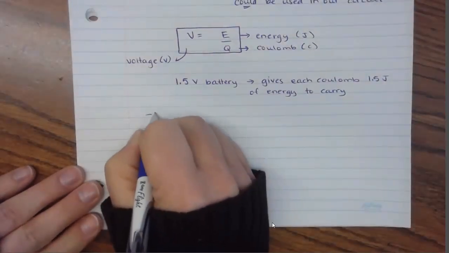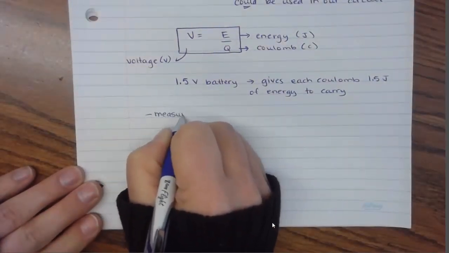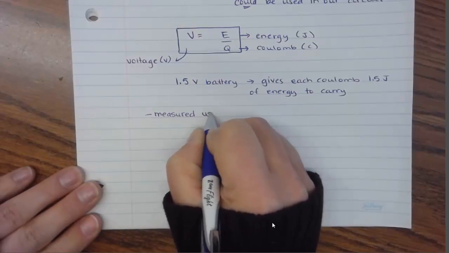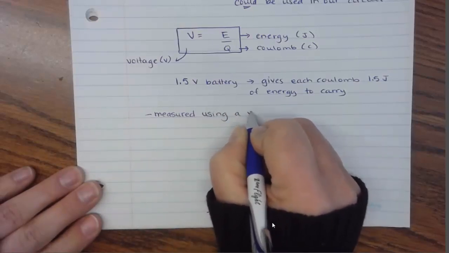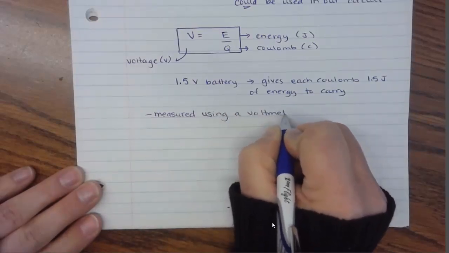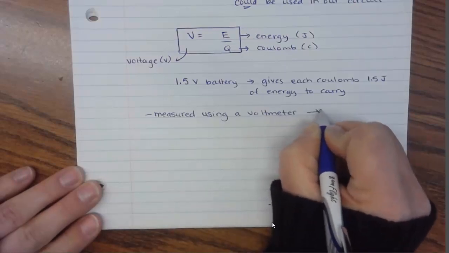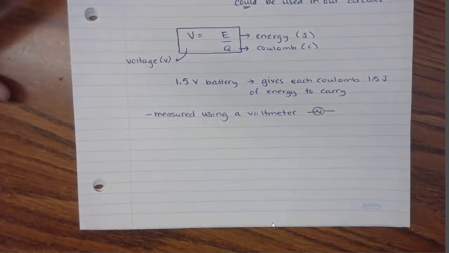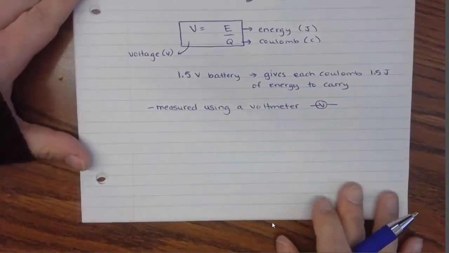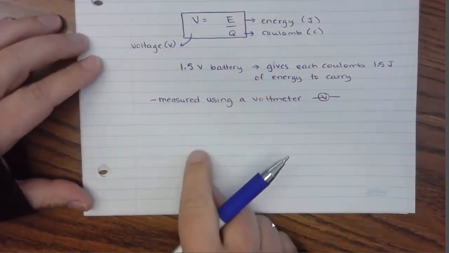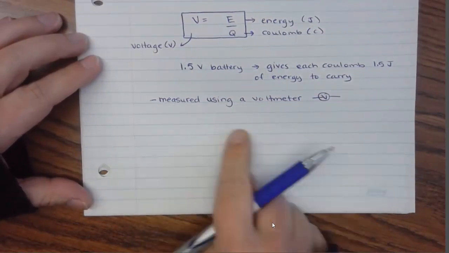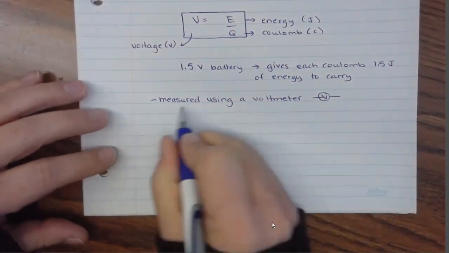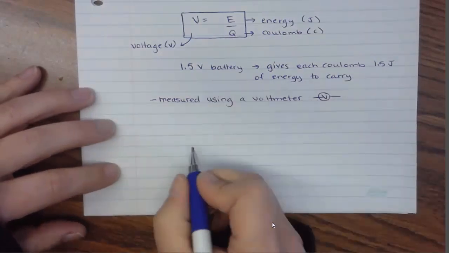It is measured using a voltmeter, which is a V in a circle, but it's attached a little bit differently. So we're going to draw out another circuit here, and do give yourself maybe 7 or 8 lines to draw this out, because we're going to put some stuff around it.